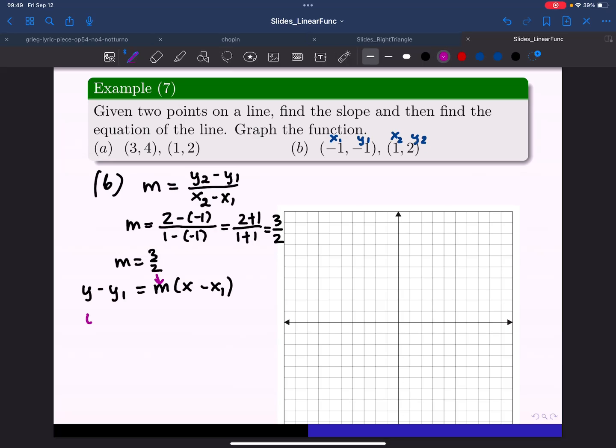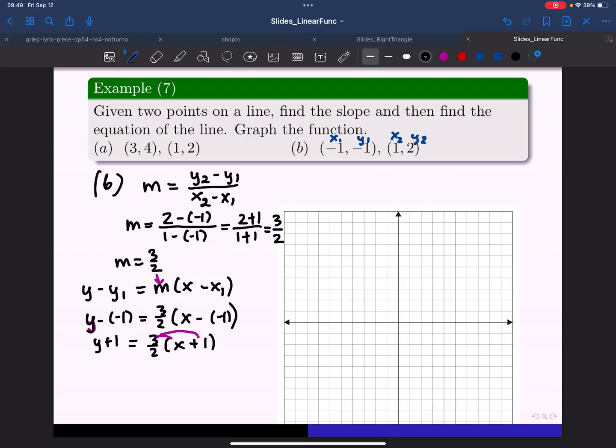So we have y minus negative 1 is equal to 3 halves x minus negative 1. So y plus 1 is equal to 3 halves x plus 1. Now we can multiply 3 halves in.